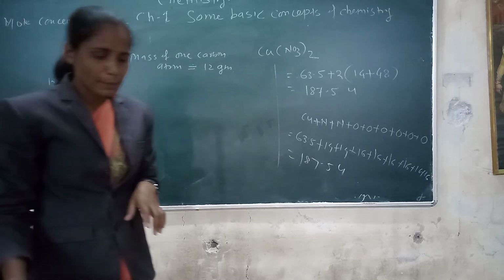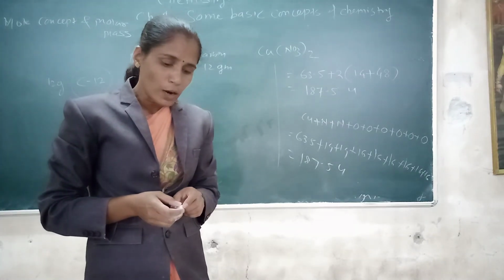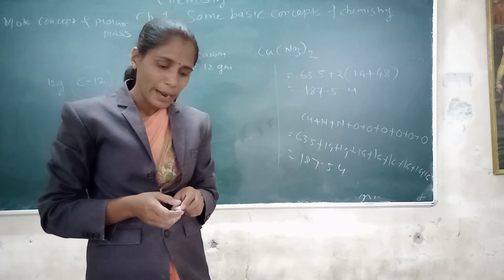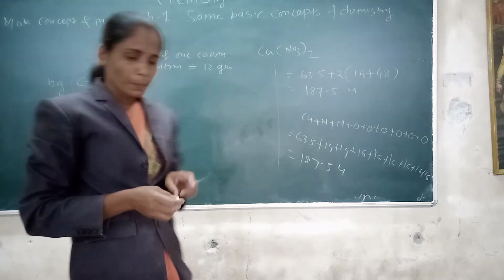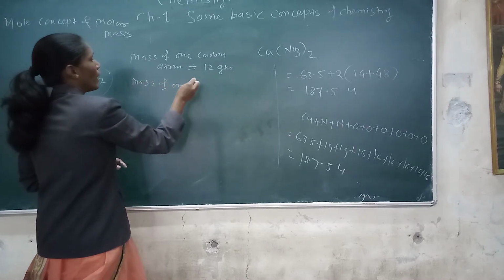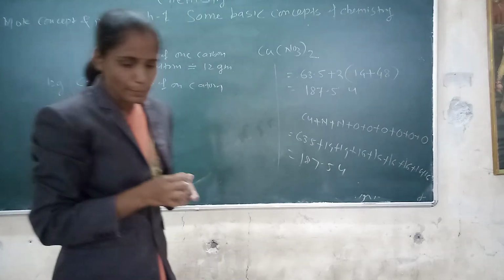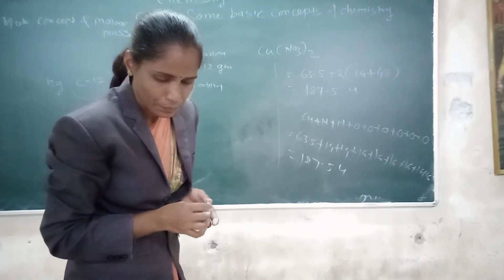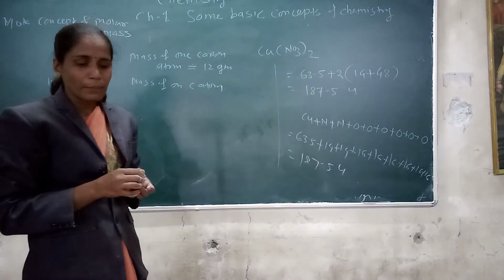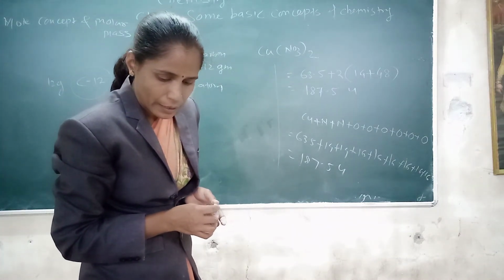Mass of 1 carbon atom is equal to 12 gram, and mass of 1 carbon-12 atom is determined by the mass spectrometer.